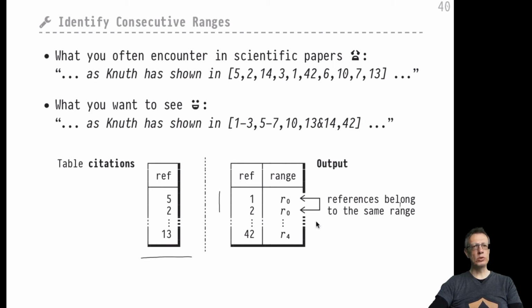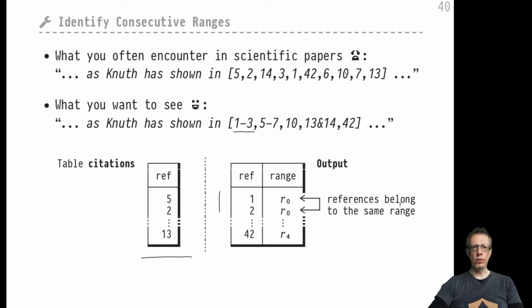This is some arbitrary identifier. It's just a criterion that assigns 1, 2 and the not shown 3 here to the same range, and I could use that information to produce output that looks like this. So convert this into this ordered and then range organized version.